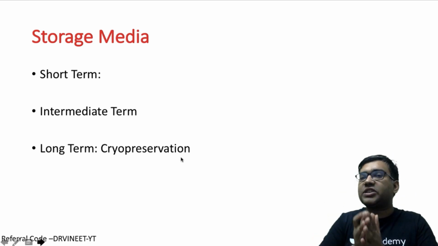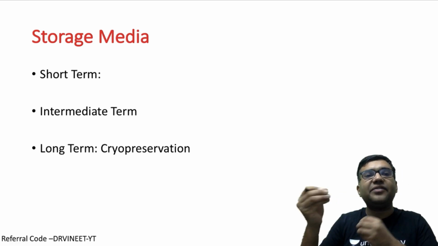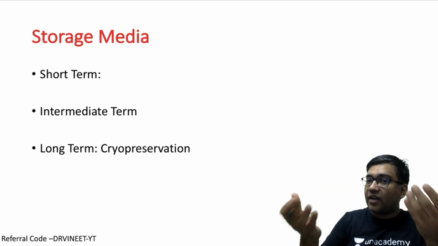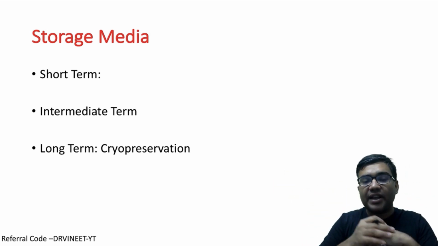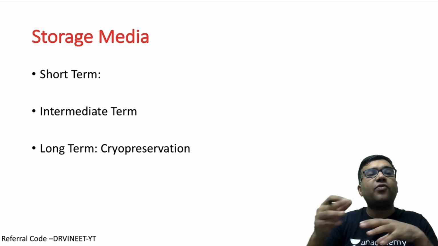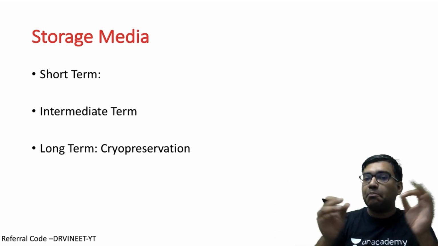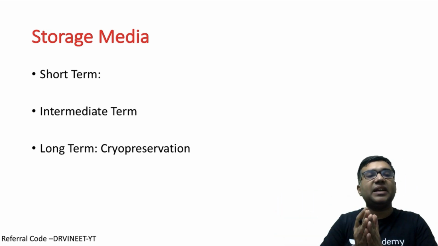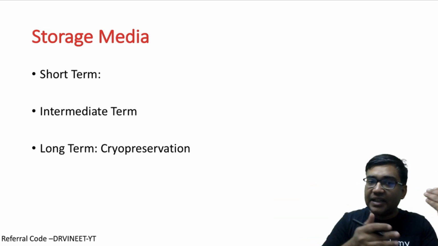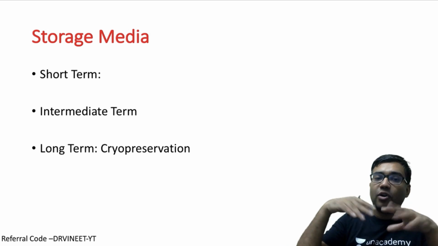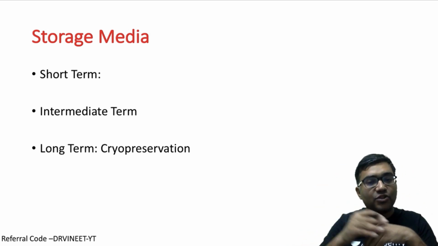Now, this is the question which is usually asked: what are the various storage medias? So after, let's say, I retrieve a cornea, usually within 48 hours, we try to put it in a patient. But let's say if the patient availability is not there, or the cornea is retrieved from any other place and now it has to be stored.